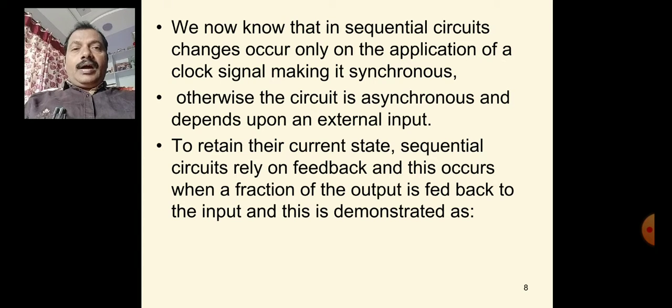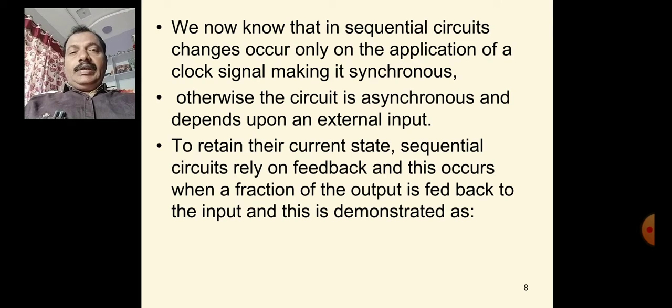Whenever the clock event is there, then only the circuit will be activated and do its job. Hence, it is called a synchronous sequential circuit. If there is no clock, meaning it performs its action without a clock, then it is called an asynchronous circuit.